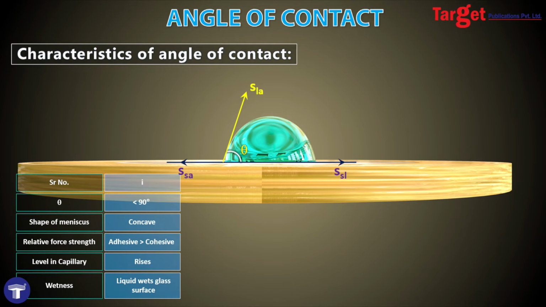The shape of the meniscus of such a liquid is concave, and as discussed, the relative force strength is such that the adhesive forces are greater than the cohesive forces. In such a liquid, the level in the capillary rises, and this is known as capillary action, which we will study shortly. And as mentioned before, such a liquid wets the glass surface.